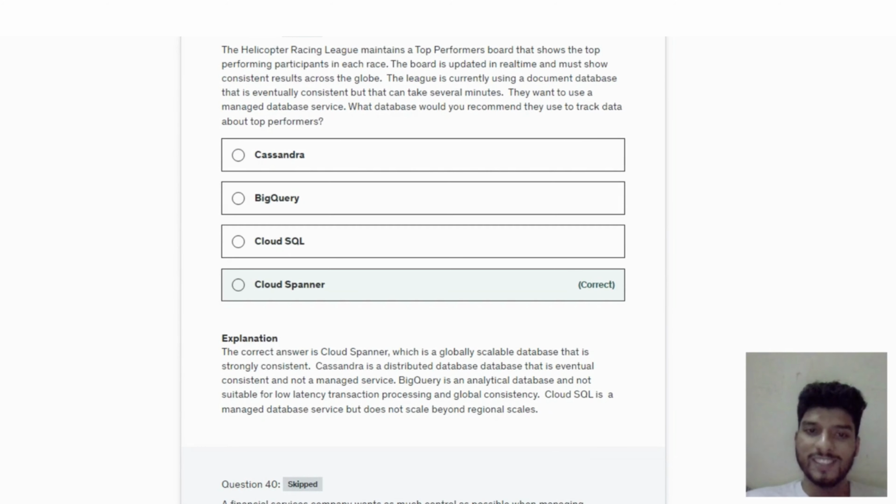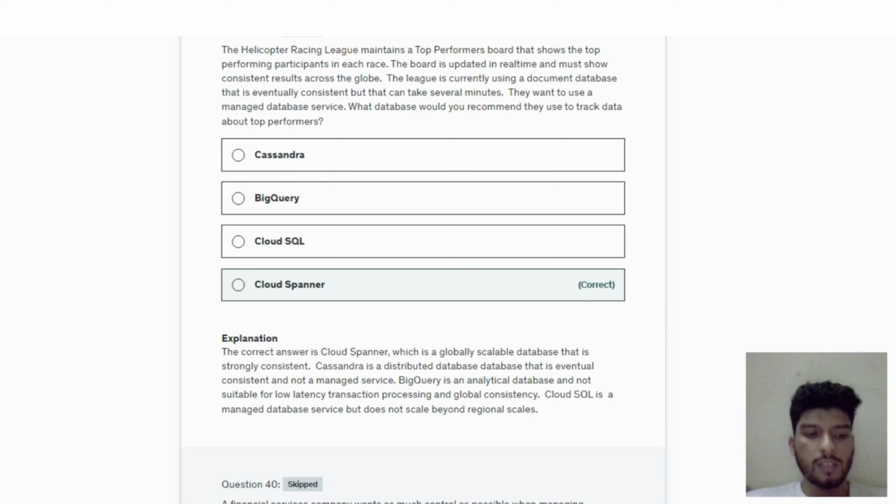Yeah, so Cloud Spanner is the right answer because it is a globally scalable database that is strongly consistent. Otherwise, Cloud SQL is a managed database, and BigQuery is an analytical database, not suitable for low latency transaction processing with global consistency.